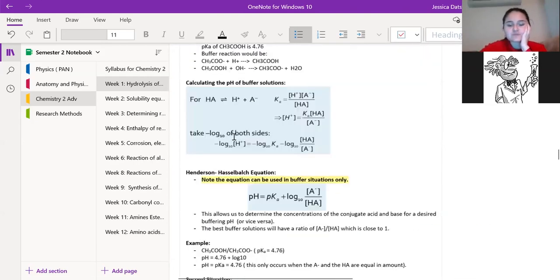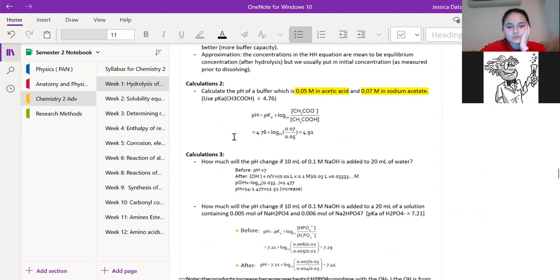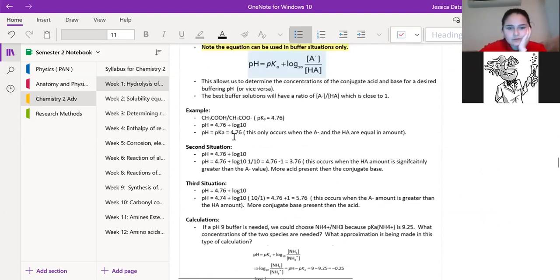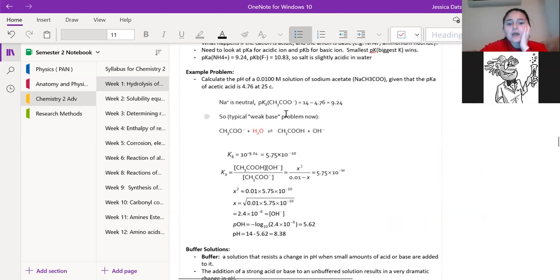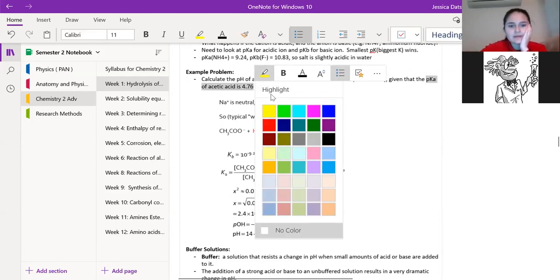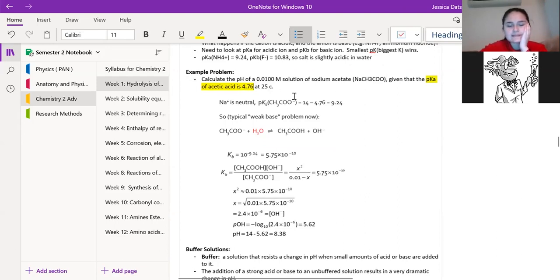But in this situation, because we're doing base, you have to do 14 minus the pKa to get pKb. Can you see right here? So the pKa was 4.6, but you want the pKb, so you do 14 minus the pKa to get pKb.